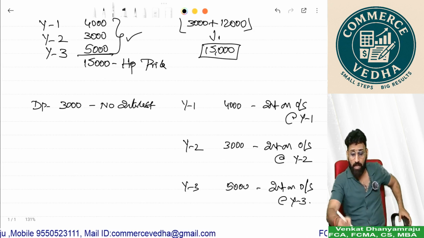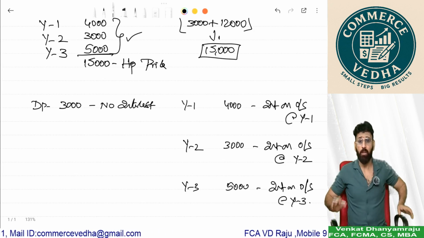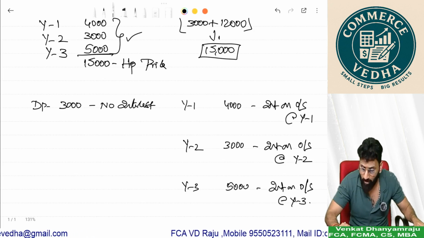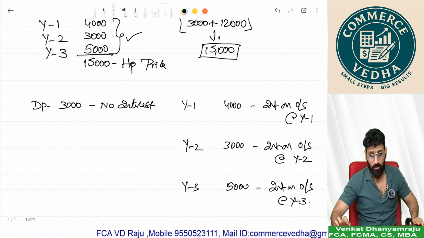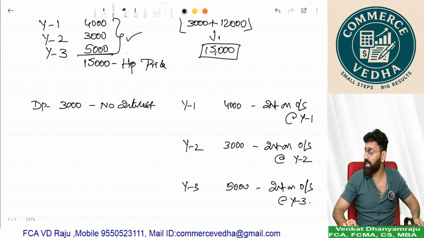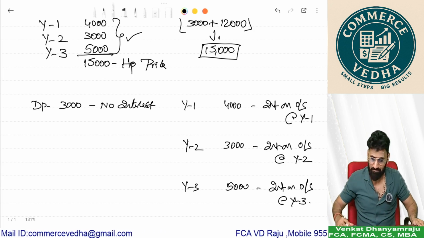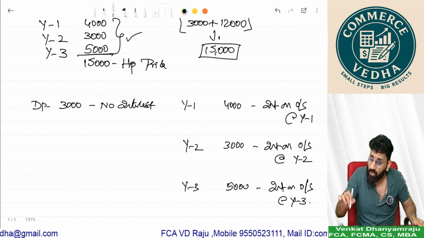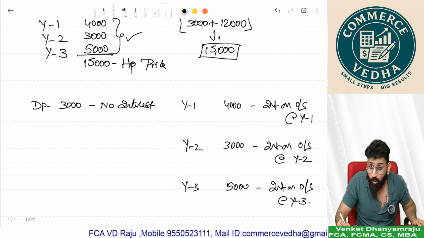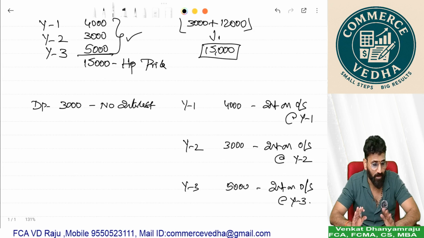Now year 1 outstanding includes principal payable in year 1, year 2, year 3, right? And year 2 outstanding includes principal payable in year 2 and year 3. Year 3 outstanding includes the principal payable in year 3 only, right?